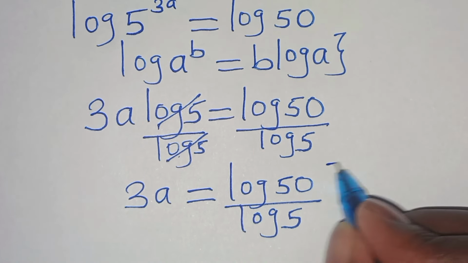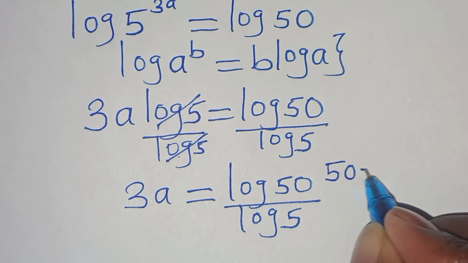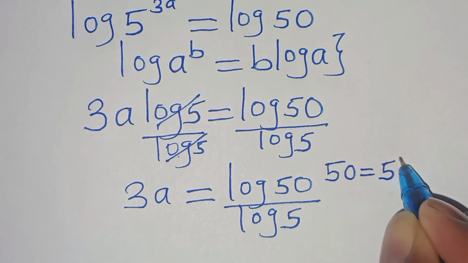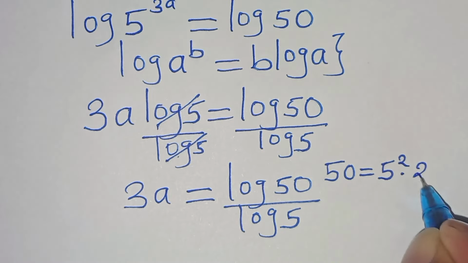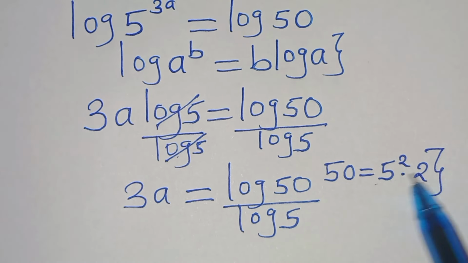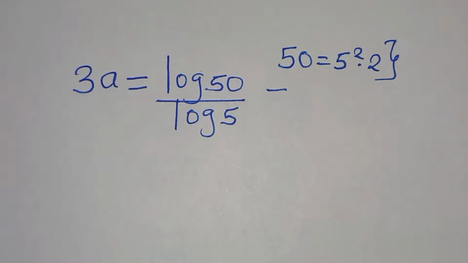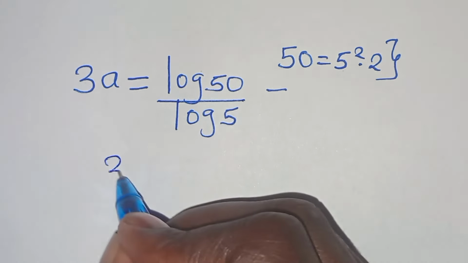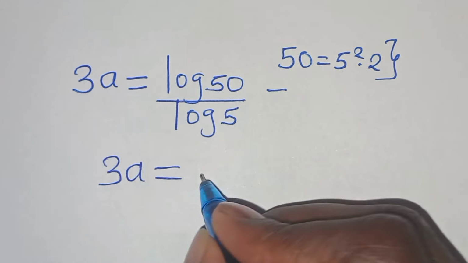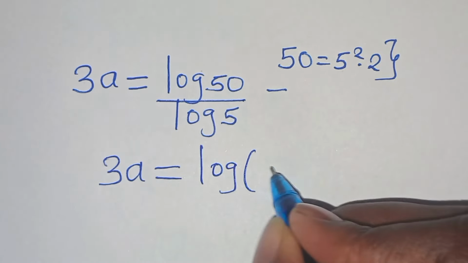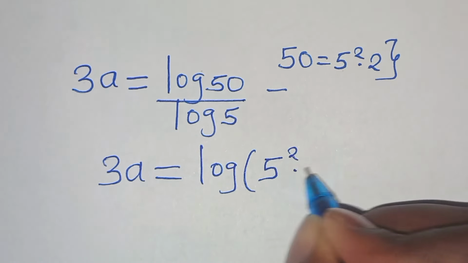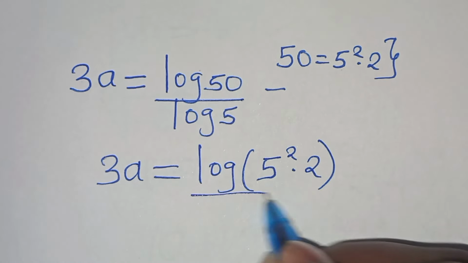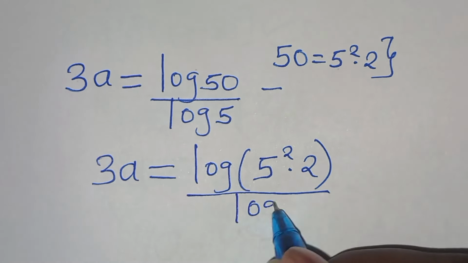We can express 50 as 5 to the power of 2 multiplied by 2. Let's substitute 50, which is 5 to the power of 2 times 2. So 3a is equal to log 5 to the power of 2 times 2, everything here divided by log 5.